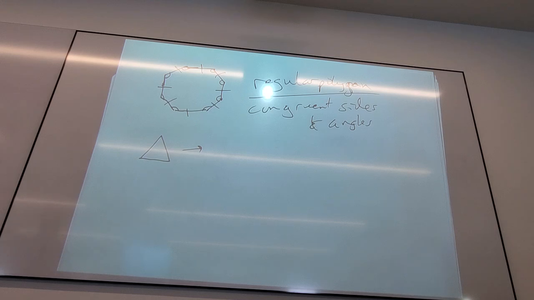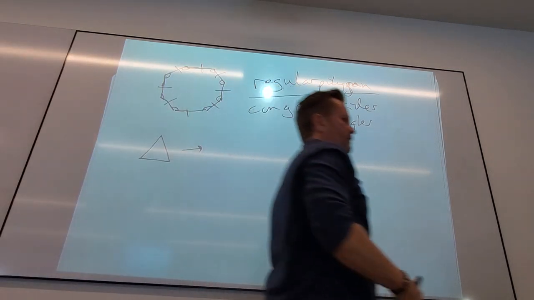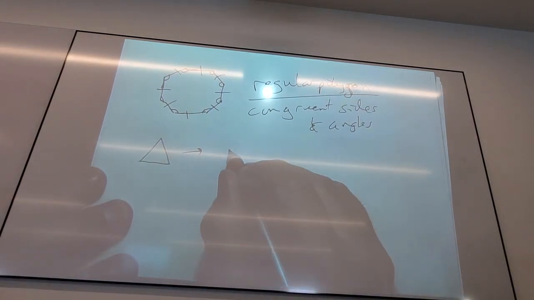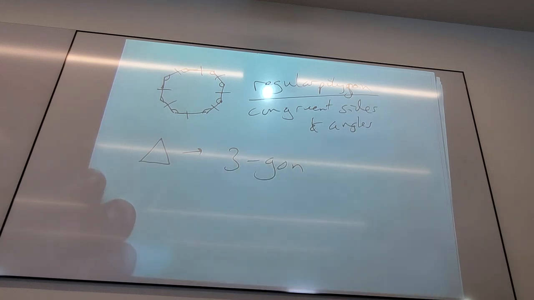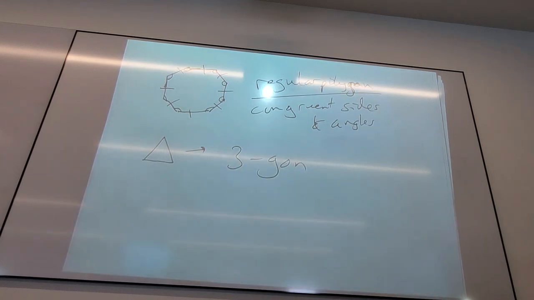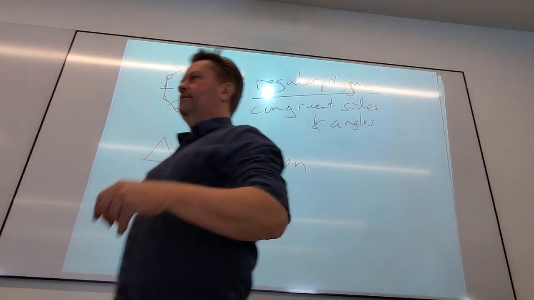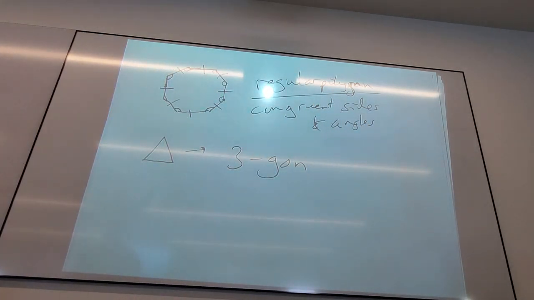So if I want to be specific, I could call this a three-gon. So polygon is multi-sided. Three-gon is three-sided. That's kind of silly on one level, right? It's not suddenly not a triangle anymore. Of course it's a triangle. Every single three-gon is a triangle, yes?